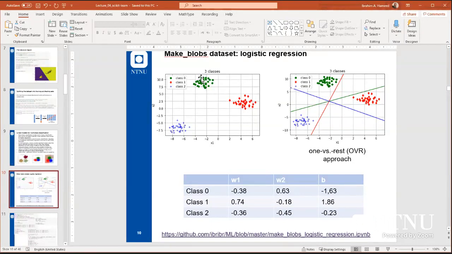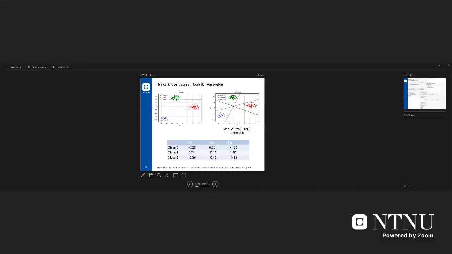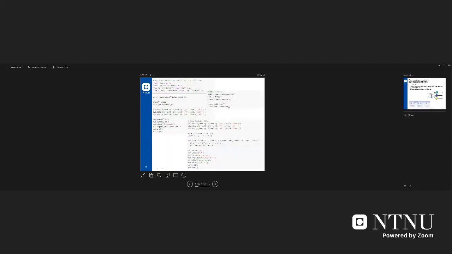We have here 3 classes. I want to move it here. We have this green class, and I don't know if it is possible to write here.